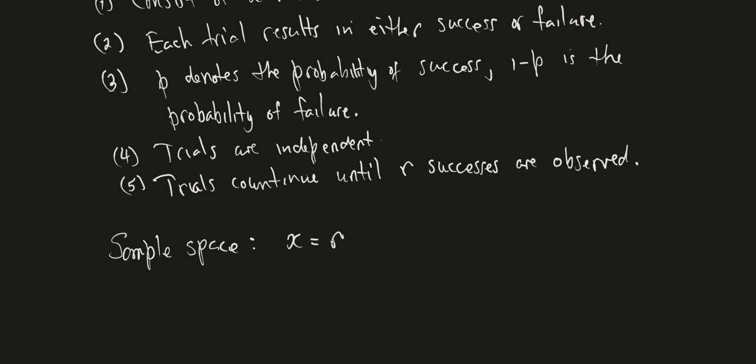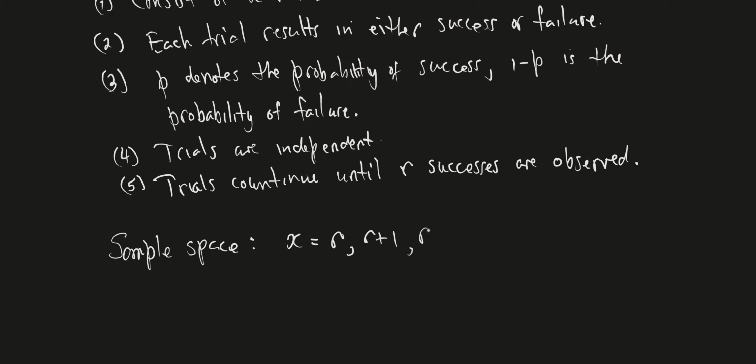If we are lucky, then we will observe those r successes in these r trials. So everything we observe would be a success, but that's not likely to happen, especially if our probability of success is low. But it might be that we have to perform r plus 1 trials in order to see those r successes.